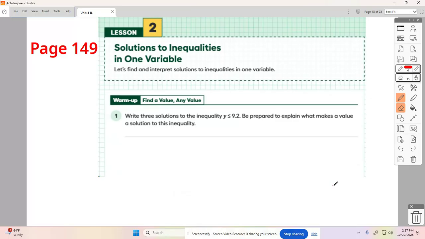All right, Maddox, give me one of your solutions. Y is less than or equal to 9.2. Give me a solution to that. 8. What you got, Jackson? Negative 13. What you got, Jaden?